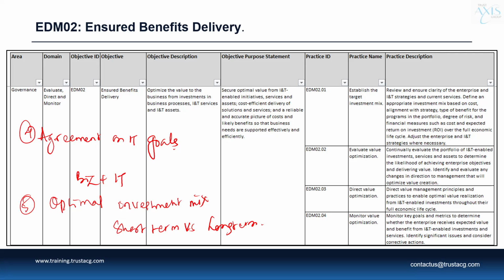This will ensure there is sustainable and diversified value creation on the IT enabled investments, and will help you to achieve a higher level of maturity, basically a maturity level of 3. Okay.